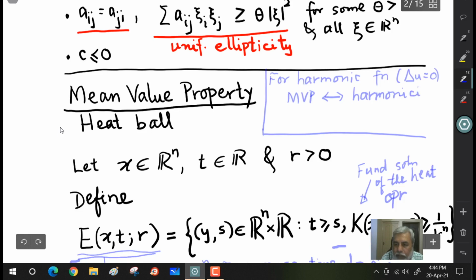And mean value here meant either the average over a sphere or a ball, which we studied in detail on a ball.